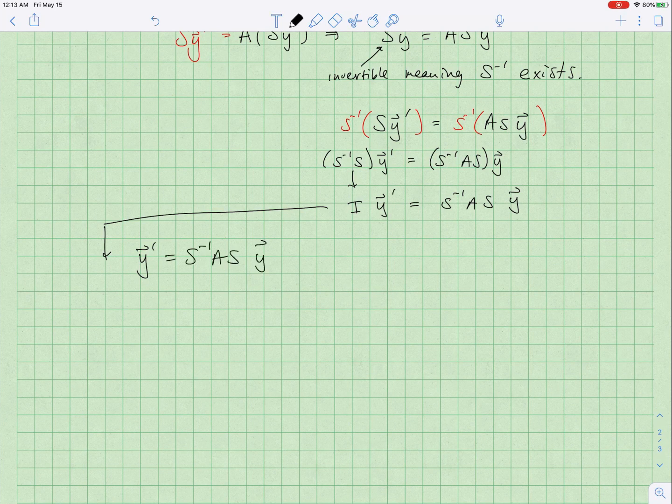Now, it looks fairly complicated, but the one thing I know for sure is everybody here is a square matrix. S is n by n, A is n by n, and S inverse is n by n. And an n by n matrix times an n by n matrix is another n by n matrix. And the result here is simply going to be some other n by n matrix.